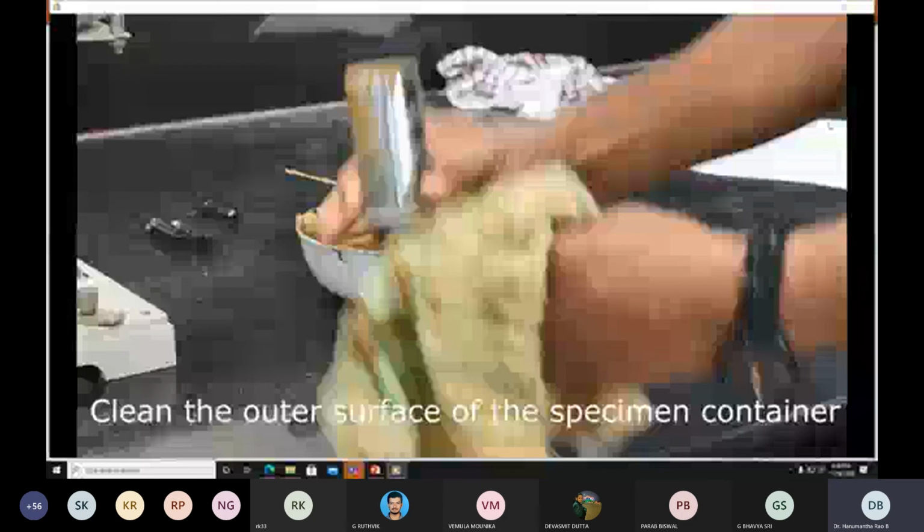So now take the container and the base of the container.